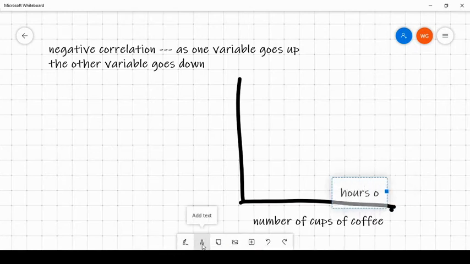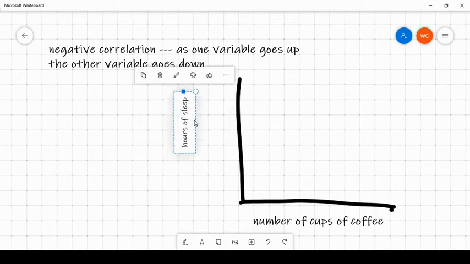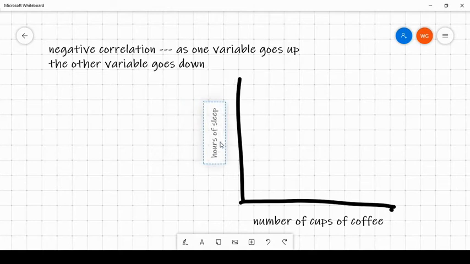So hours of sleep. Okay, hours of sleep. And what we'll do is we'll move that over here and we'll go like this. So now that we've got our hours of sleep on the y-axis and we've got our number of cups of coffee on the x-axis, maybe we could just make a rough scale of the situation, right?